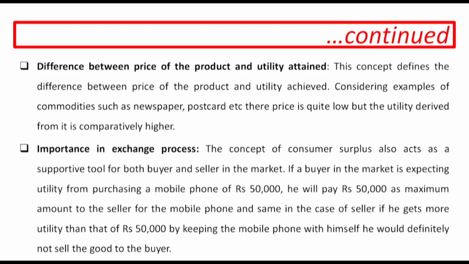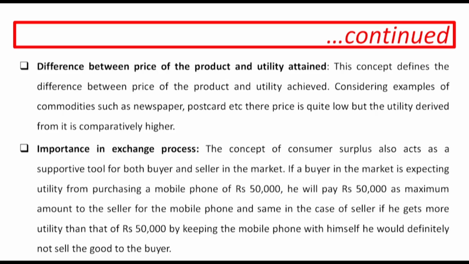Next, difference between the price of the product and the utility attained. Consumer surplus is also very useful here. What should be the price and what is the utility derived from the product? Sometimes there are a few commodities which you get at a very low cost. For example, the price of a newspaper is quite low, but the utility of the newspaper is very high.